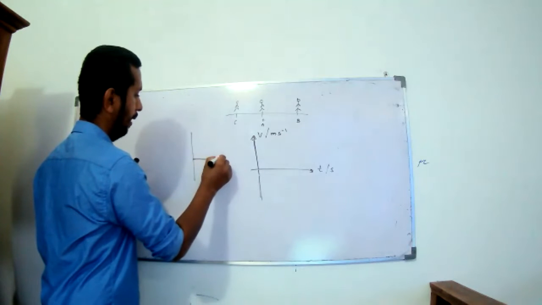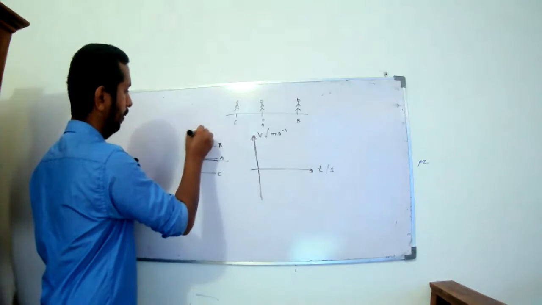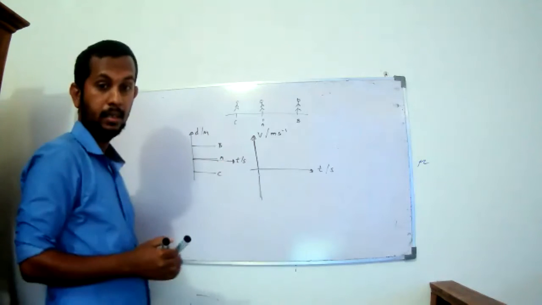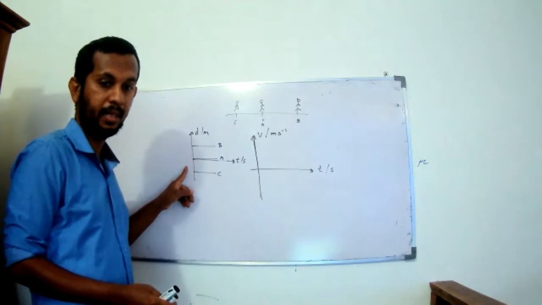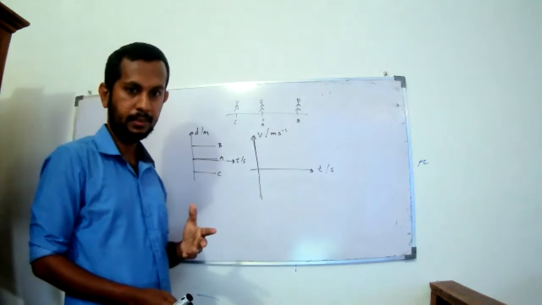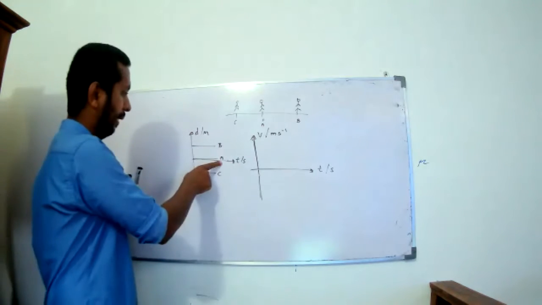This is case A, case B, case C. This is the displacement axis and this is the time axis. I have told you that in the displacement time graph we can find out the person's initial starting position.